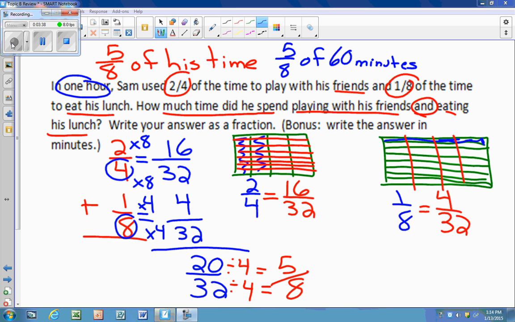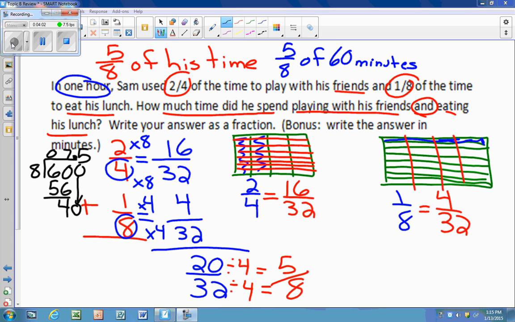And to figure that out, we have to figure out how much is each eighth. So we're going to do this over here where there's some room on the side. We're going to say 8 goes into 60 how many times? Now this is just a bonus, so if you're confused by this, it is okay.